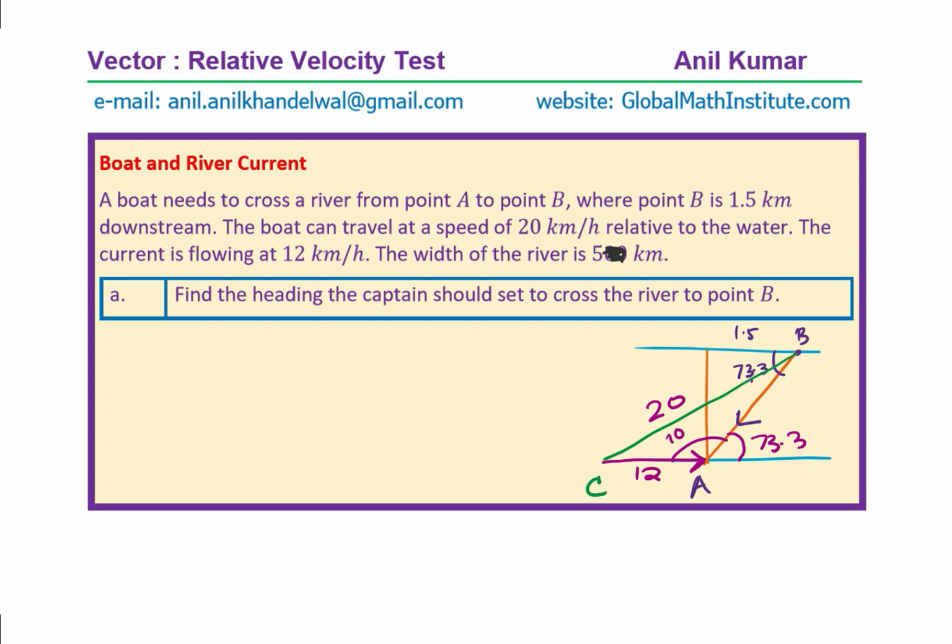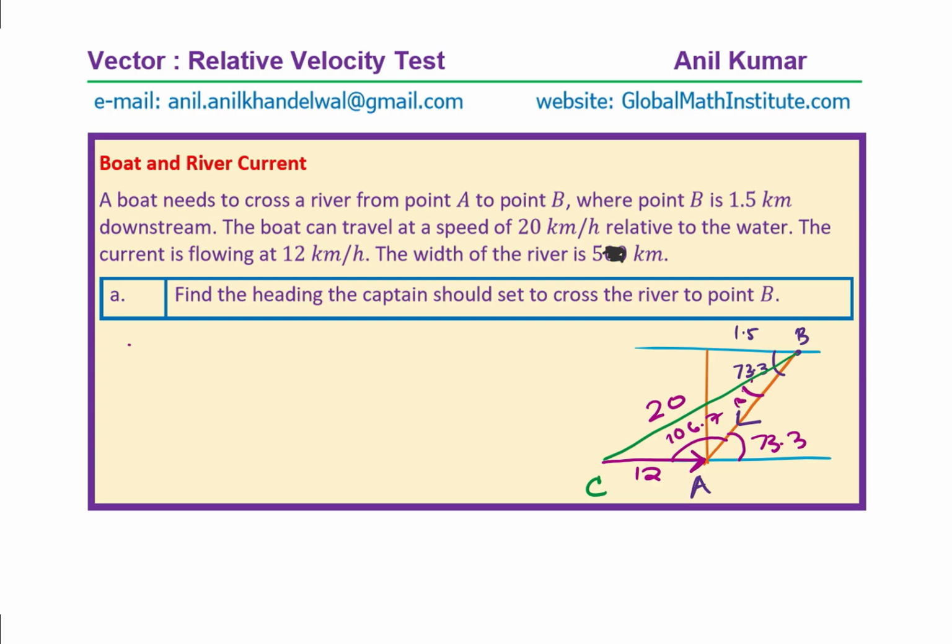So this is 106.7. So now, since we know this angle 106.7, we can use the sine law to find the angle at B. Let's call this angle beta.